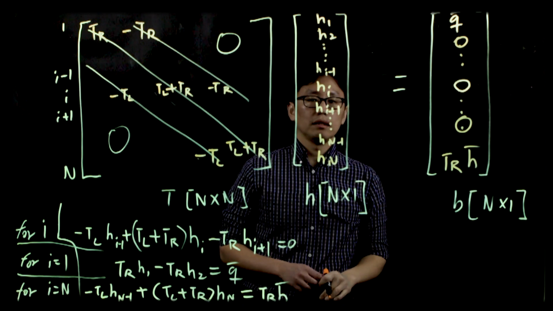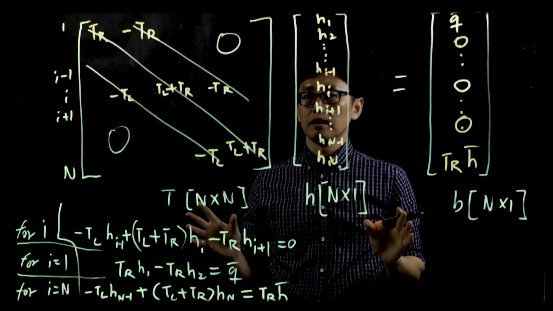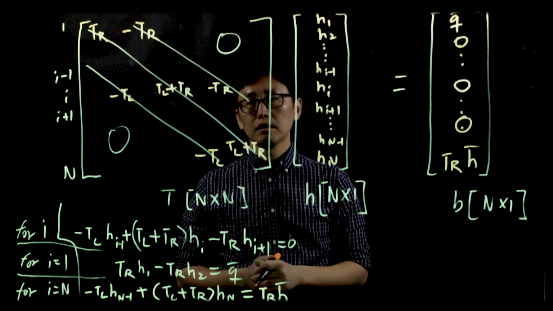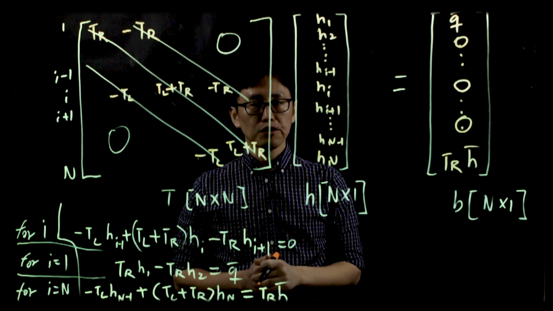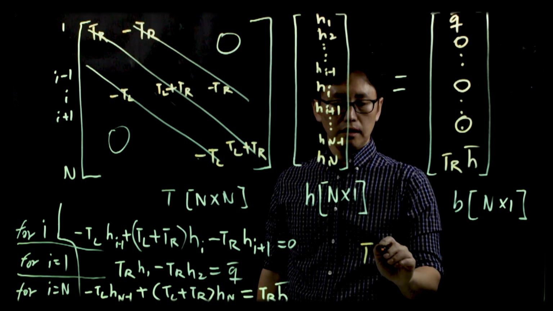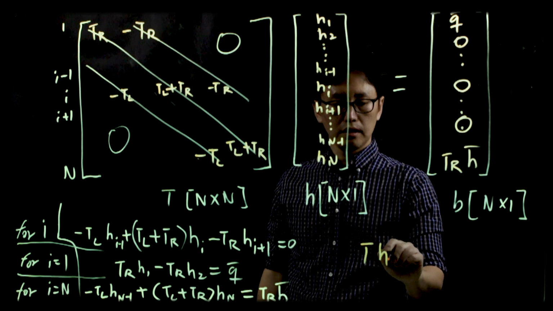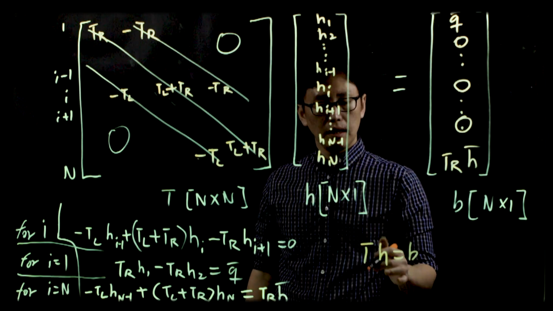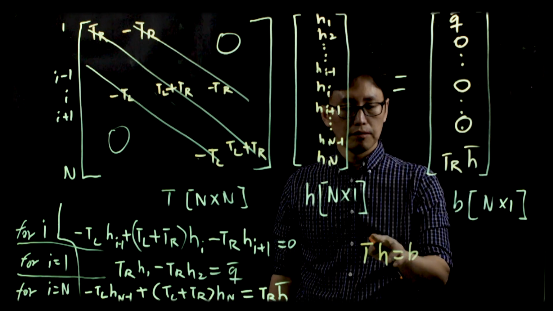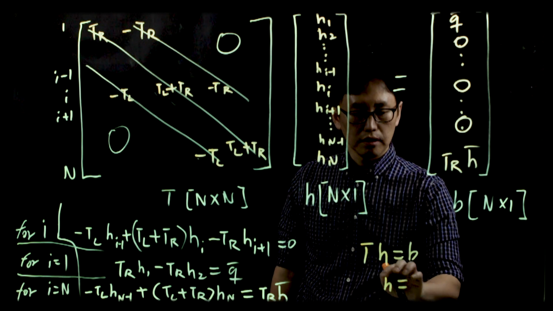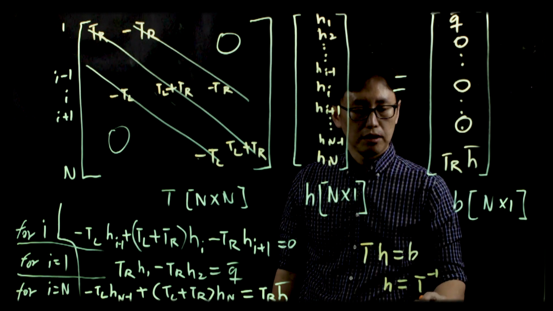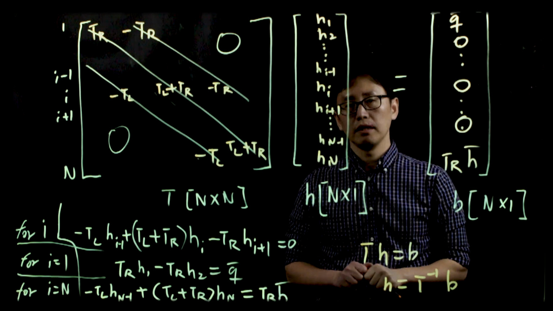And if we can establish this matrix equation, then we can use some numerical computing software like MATLAB. So let's say we have this matrix equation as T times H is equal to B. Then, using the inversion function of the matrix, we can compute the column vector of the head distribution as T to the minus 1 times B, right?